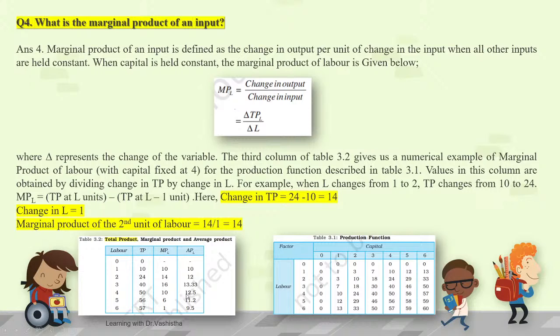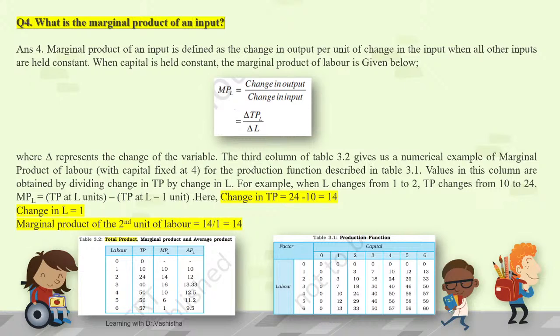So for the production function described in table 3.1, the third column shows the marginal product of labor. The values in the column are obtained by dividing change in TP by change in L.